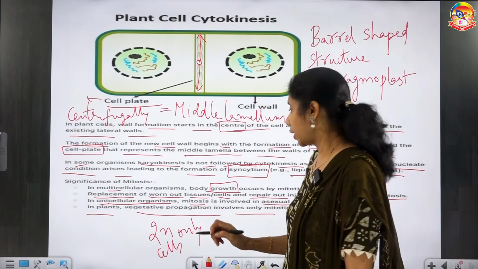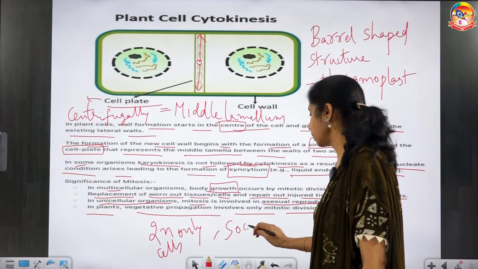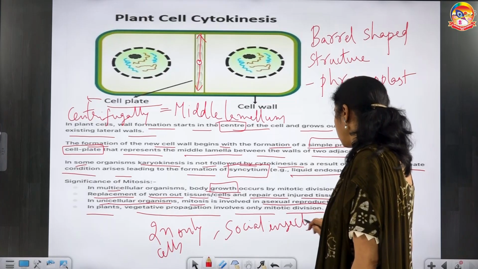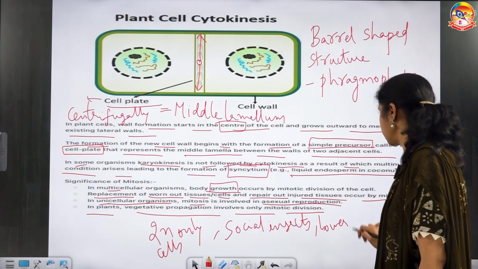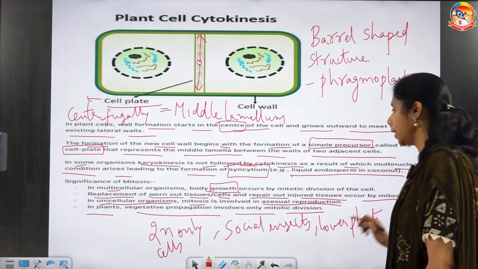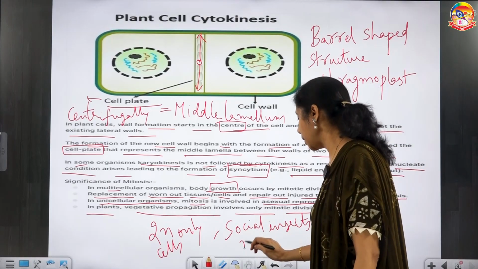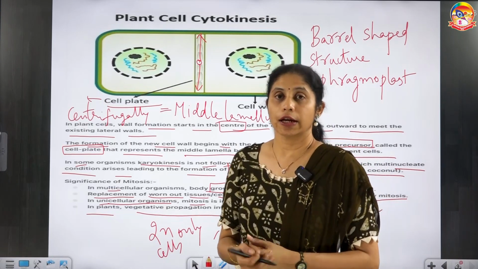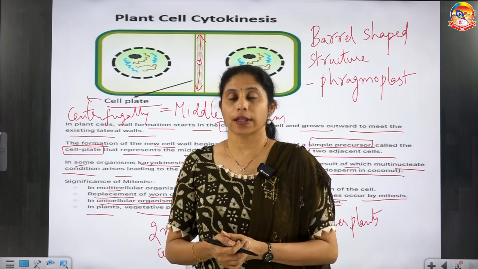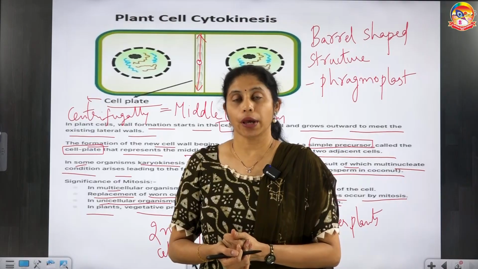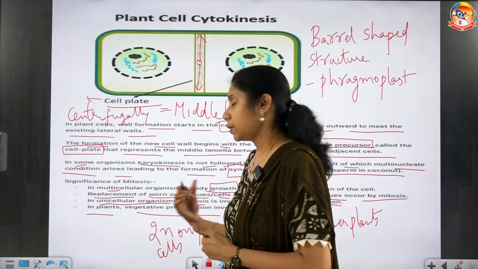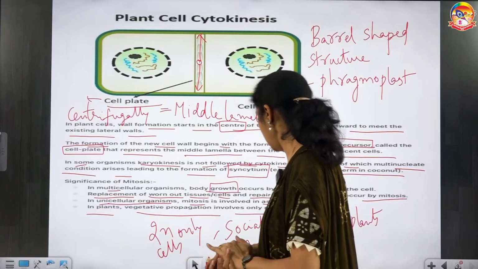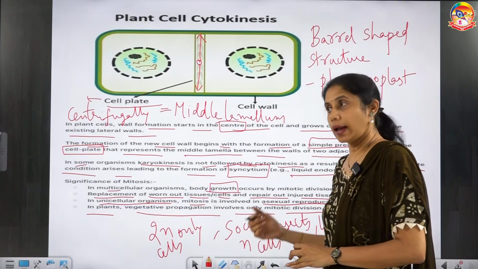But we have some organisms like social insects and lower plants, like algae and fungi, where it can also happen in haploid cells. Particular examples are honeybee drones, which are haploid insects, and lower plants like algae and fungi, where mitosis happens because they are haploid cells.